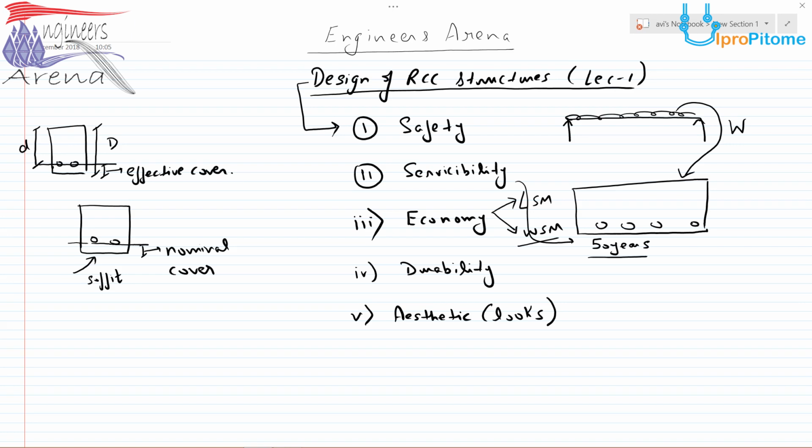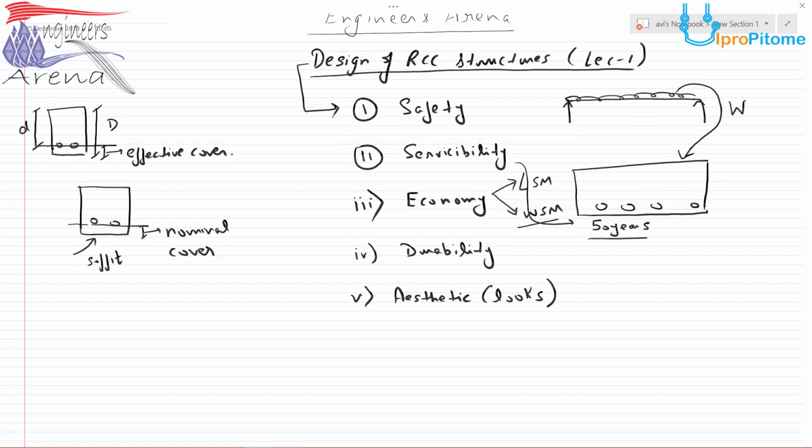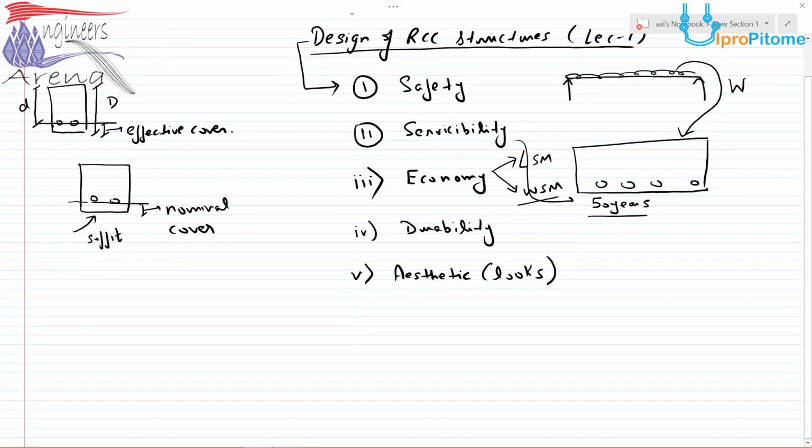I must tell you that these five different parameters should coexist when designing a structure. If we are designing an RCC structure, we must see that these five parameters coexist. None of them is less important. Each and every parameter is equally important while we are designing.